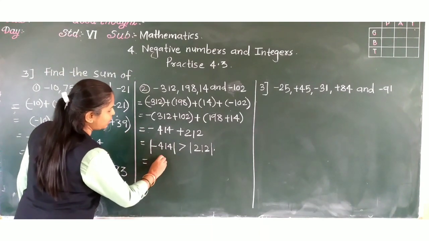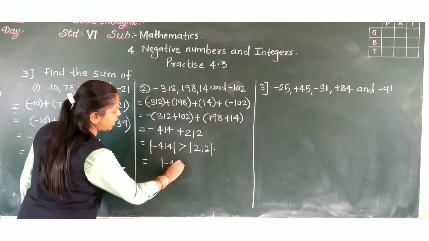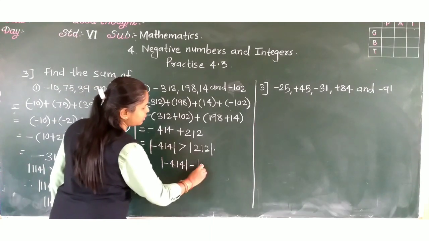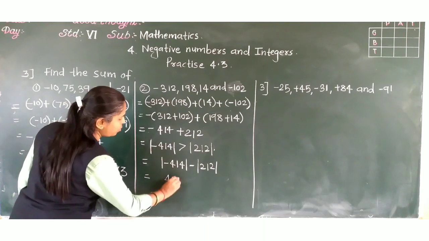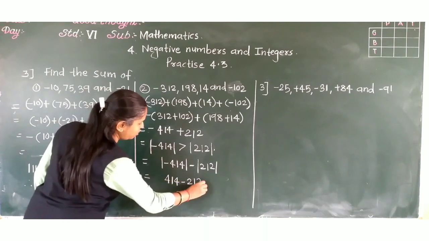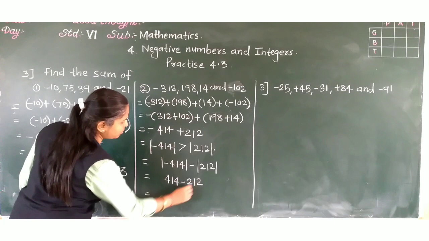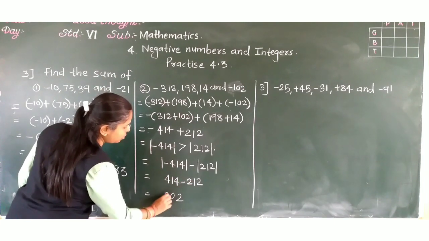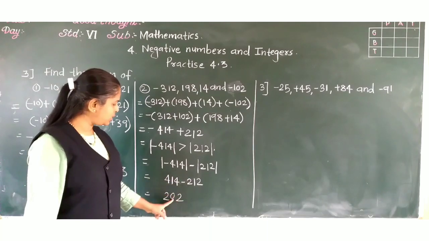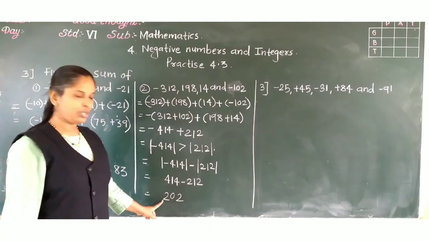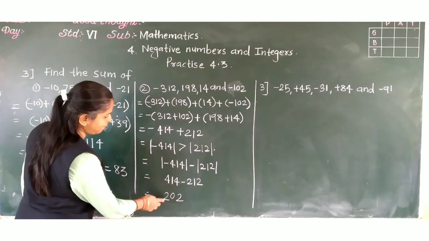That means our answer will be negative, because the negative absolute value is greater. Therefore, what we have to do? Subtract their absolute values. So 414 minus 212. The answer will be 202. Okay, 4 minus 2 is 2, 1 minus 1 is 0, and 4 minus 2 is 2.